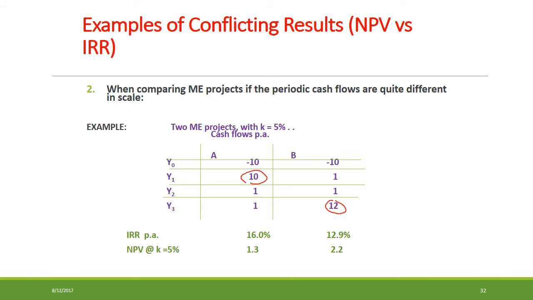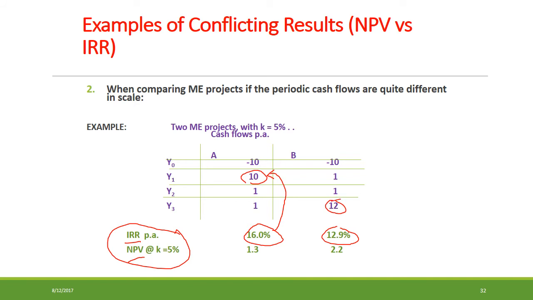So we once again have a disagreement between the IRR method and the NPV method. The IRR method prefers large cash flows happening earlier. So if we have projects where the larger cash flows happen earlier, then our IRR would be higher.